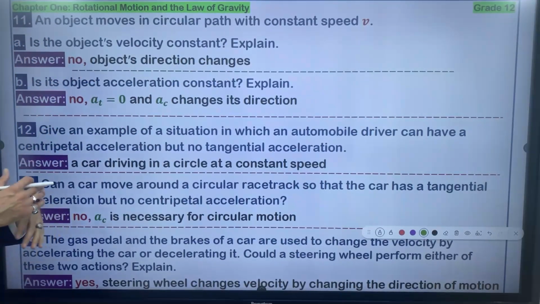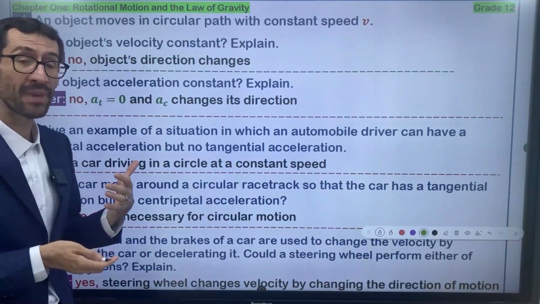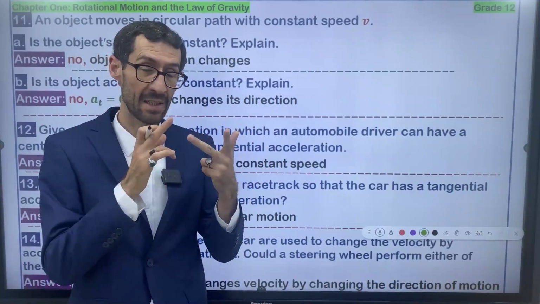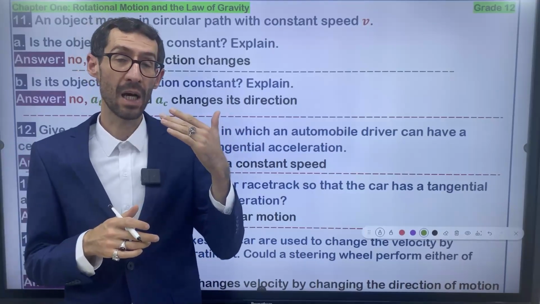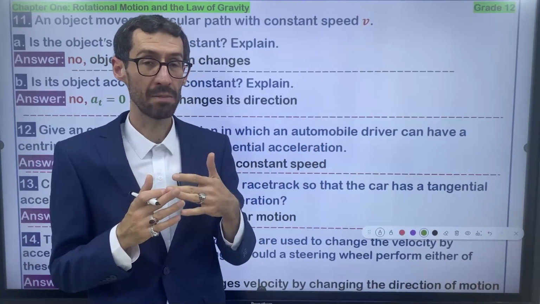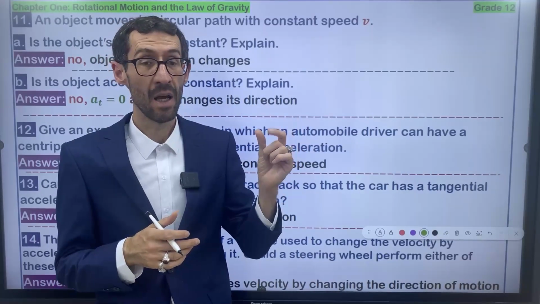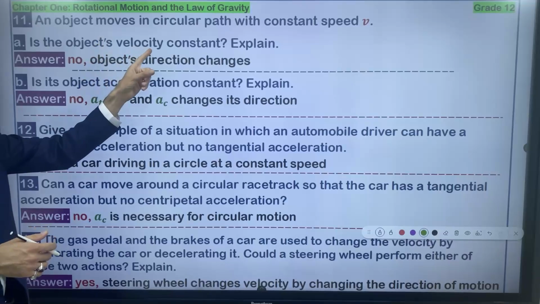I told you, because it says velocity. Velocity should not be constant because velocity consists of two parts: it has magnitude and it has direction. The magnitude is constant, no problem; the object moves with constant speed. But is the object's velocity constant?